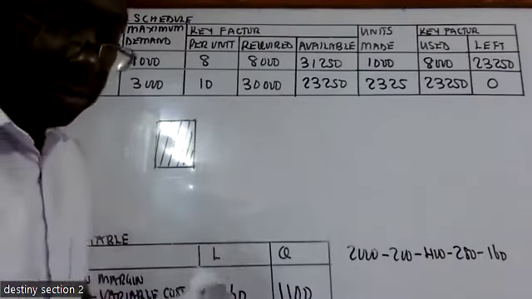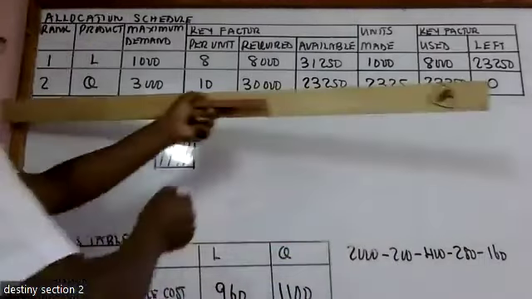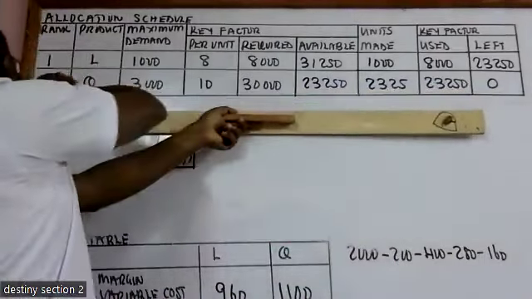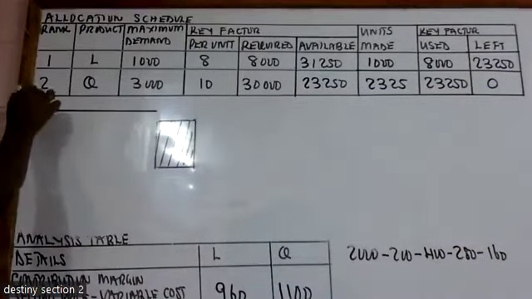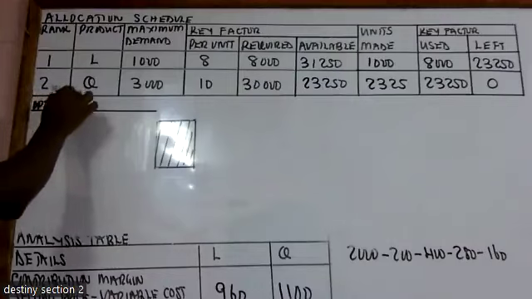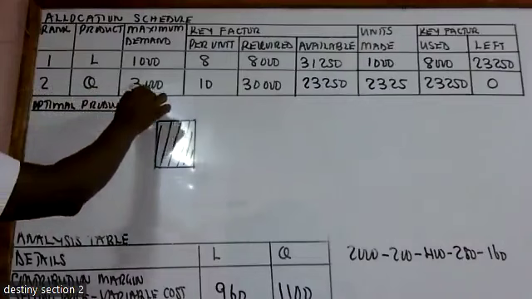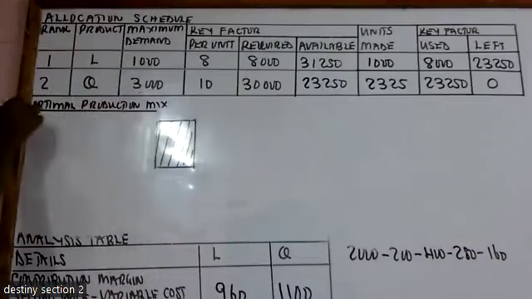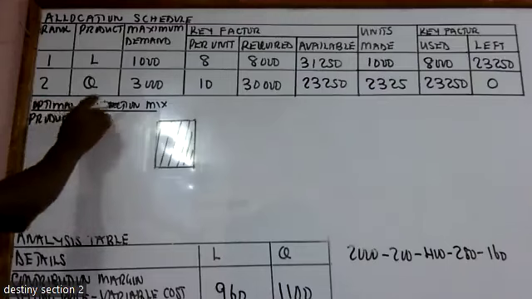But if you want to specify to the examiner, you can come and tell him optimal production mix. We have the product here, and then we have units.